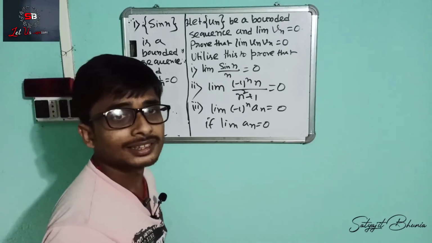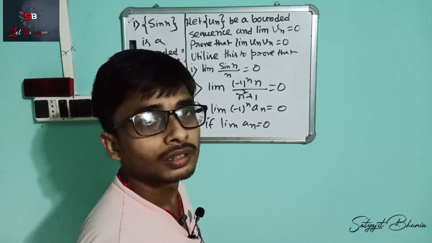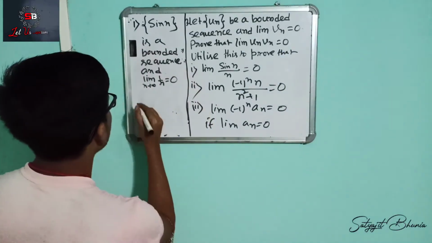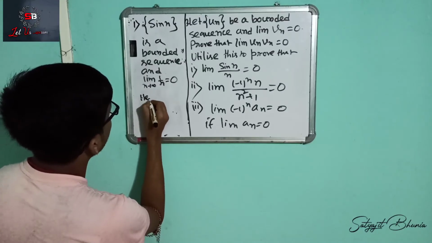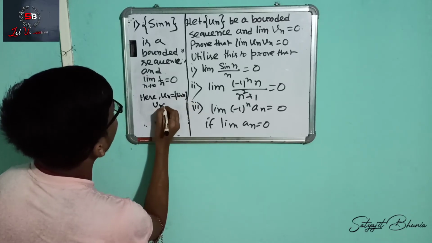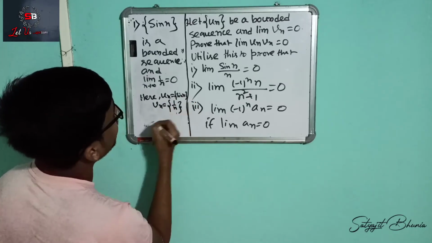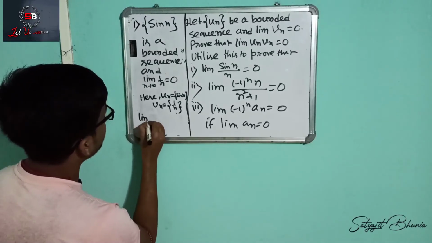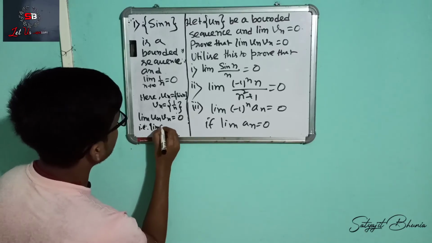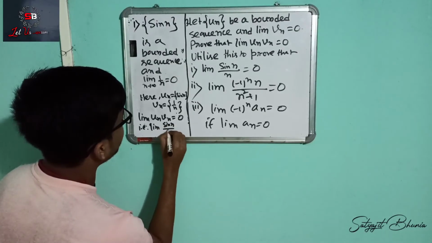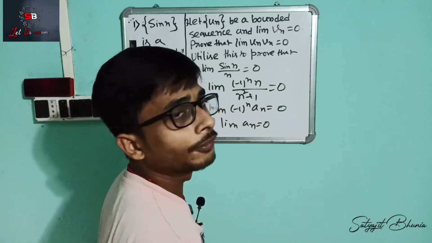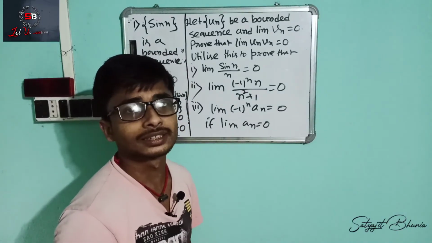So the limit of their product is also 0 using the above result. So here un is sin n and vn is 1 by n. So limit un vn is equal to 0, that is, limit sin n by n is equal to 0. Okay, clear? If you have any question, ask me in the comment section.